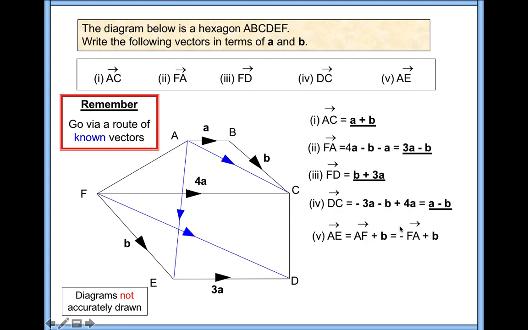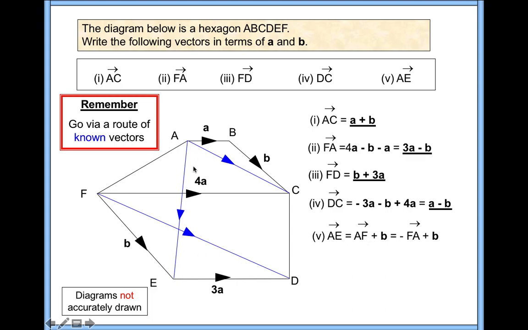So, the signs of the terms will change. So, that will be negative 3A and positive B. Okay. So, here I have shown you vector AF with reference to vector FA is in the opposite direction. So, to get vector AF, it will be negative of vector FA.